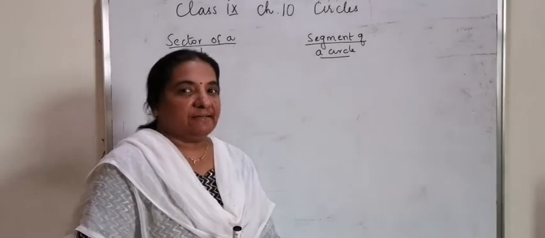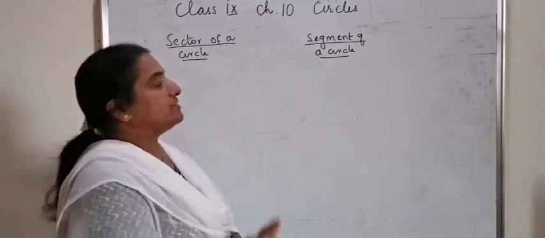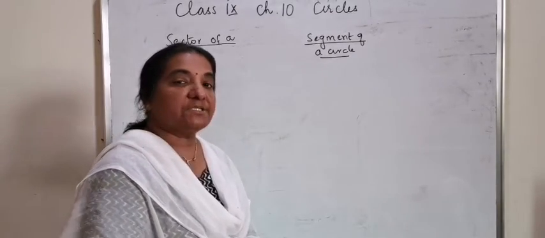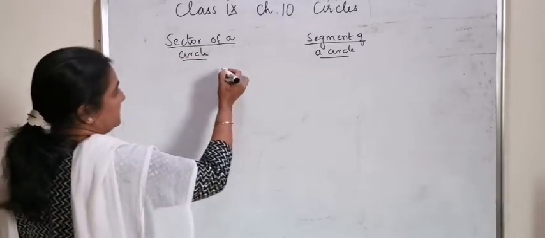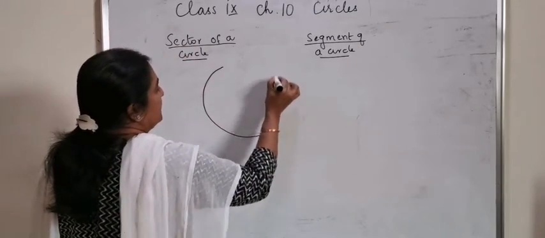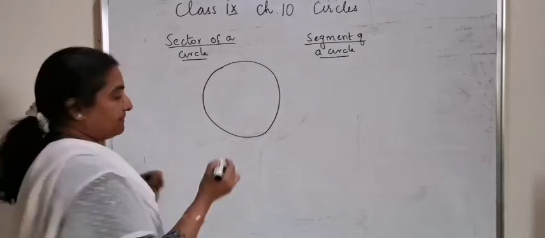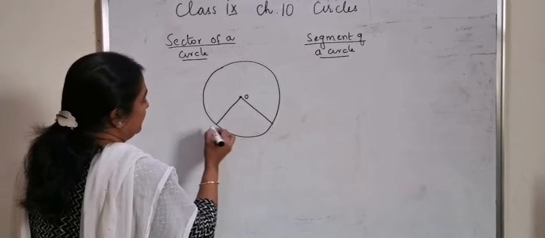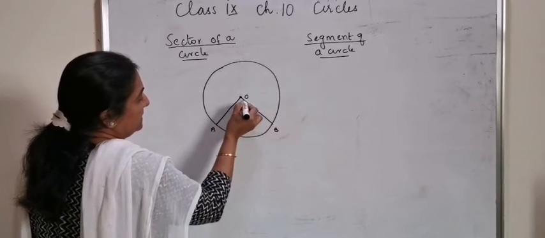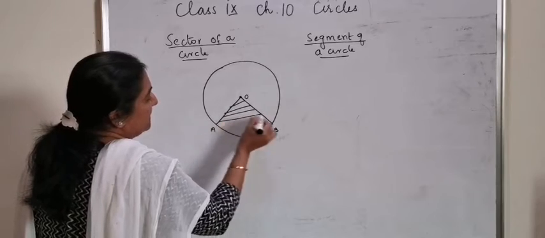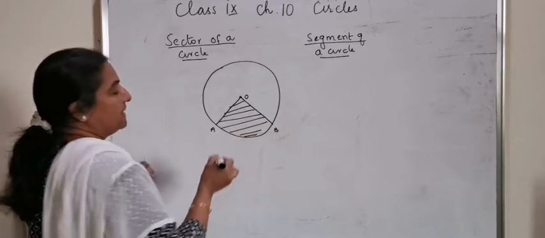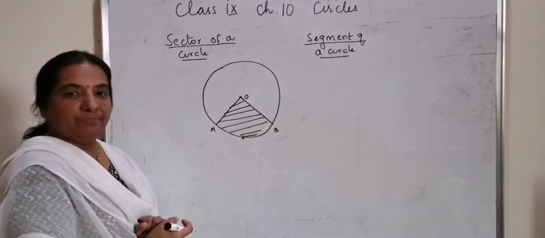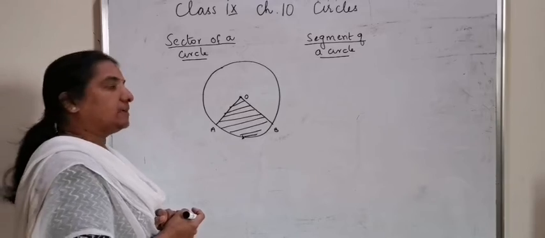The next definitions are: what is the sector of a circle and what is the segment of a circle. Imagine a circular cardboard piece, and if you join two radii, the region enclosed by these two radii and the corresponding arc AB will represent a sector of a circle.